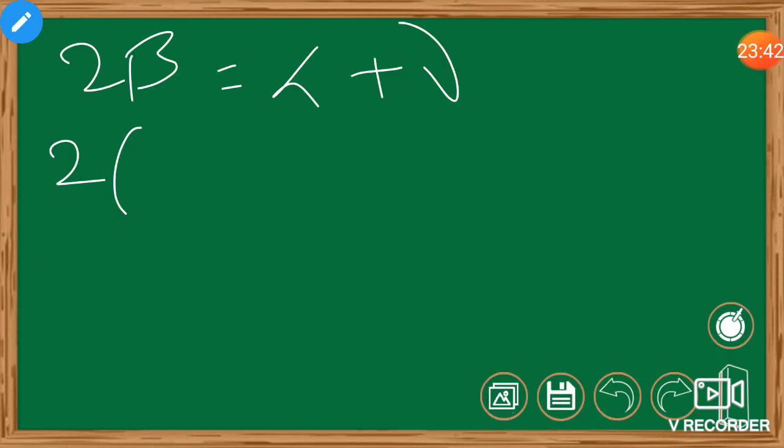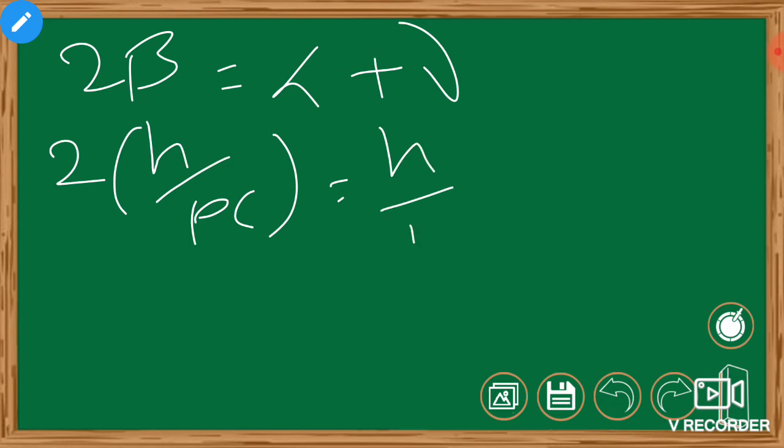Substituting the values, we get 2 into H by PC equal to H by PO plus H by PI.